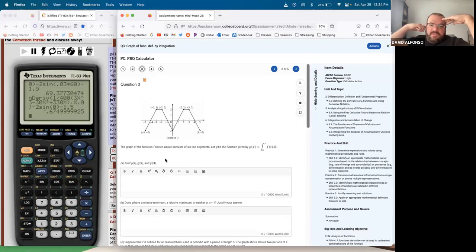So the graph of the function f is shown above, consisting of 6 line segments. Let G be the function, the accumulation of the area from 0 to any value of x. So find G of 4, G prime of 4, and G double prime of 4. Easy peasy, y'all. Let's see if you can figure this out.